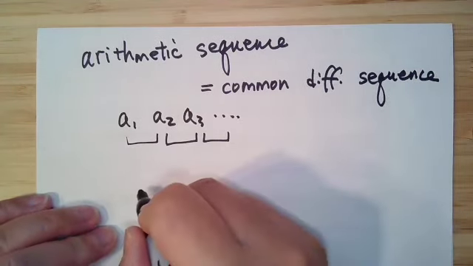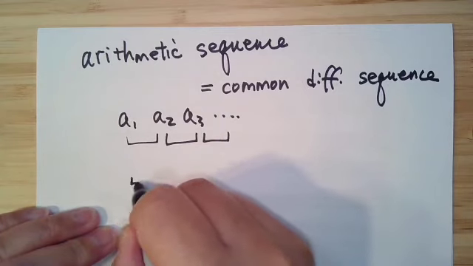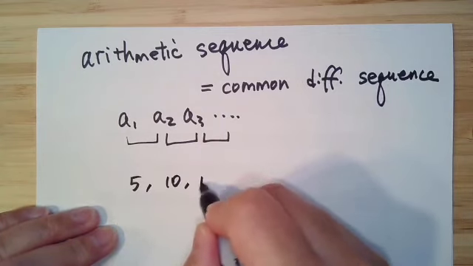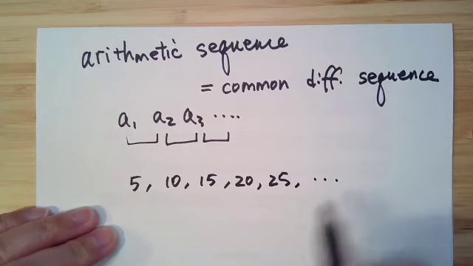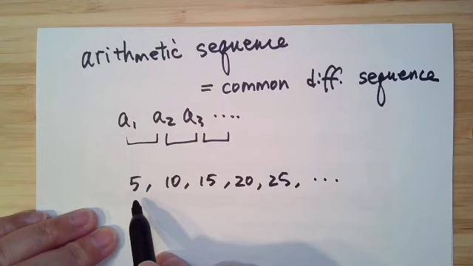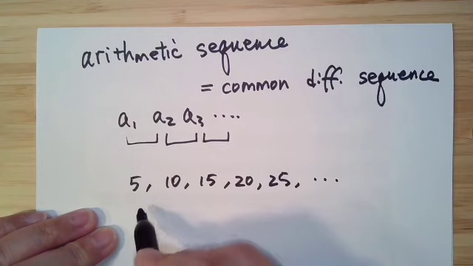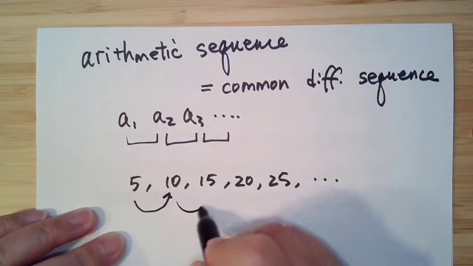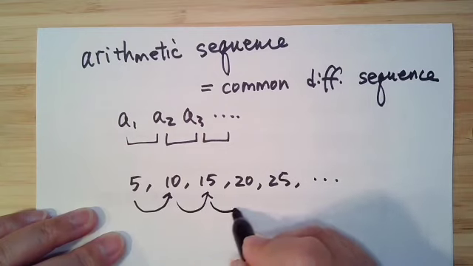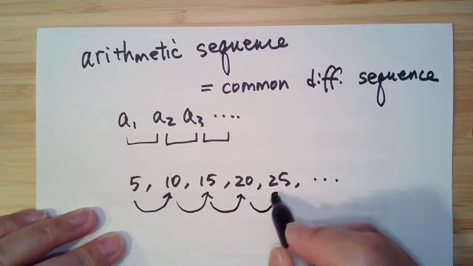So that's called an arithmetic sequence. For example, if I give you 5, 10, 15, 20, 25, and so on, this is very obvious. It's a common difference sequence, right? Because each time you just go up by 5. So 5 plus 5 you get 10, 10 plus 5 you get 15, plus 5 you get 20, and plus 5 you get 25.